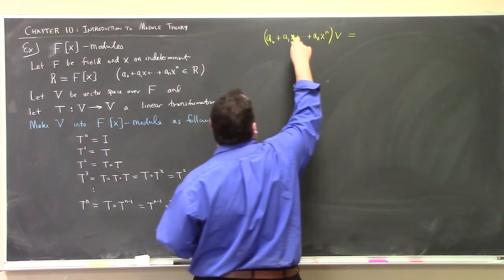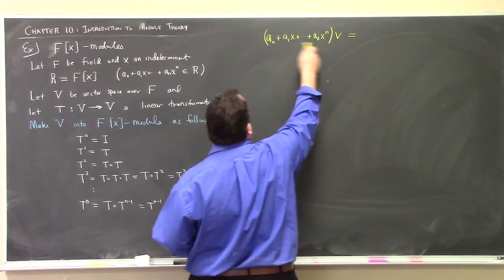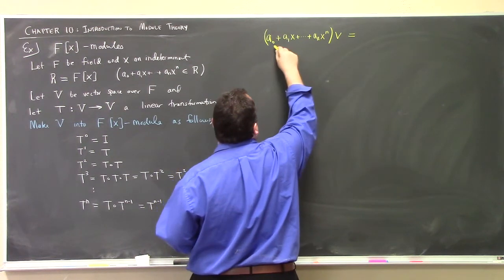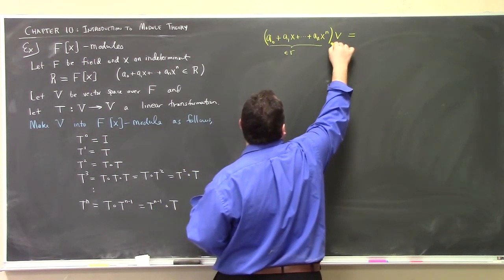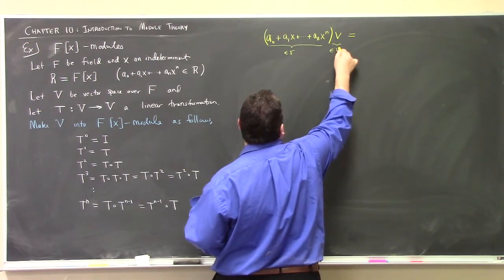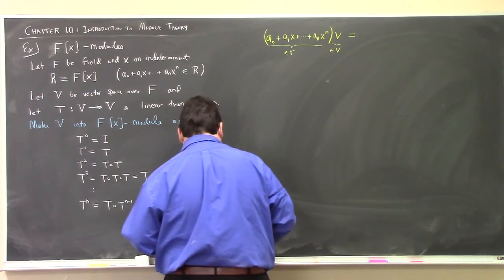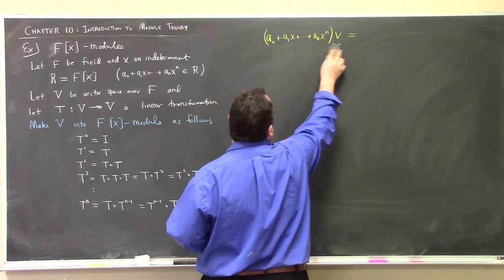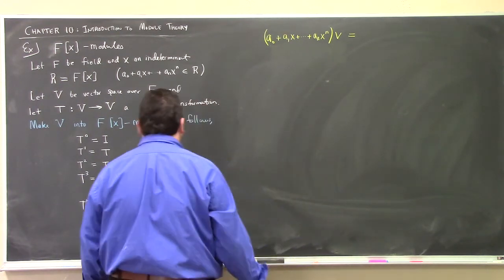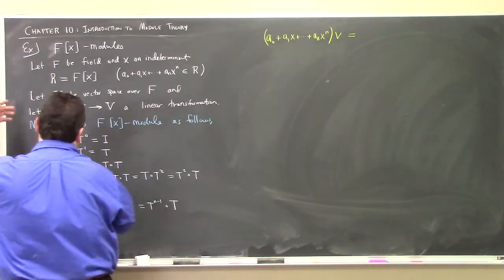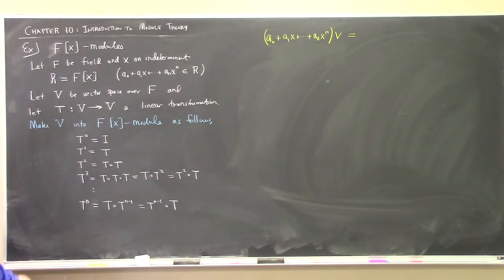So this is a typical thing from my ring, and that's my typical vector. And it's got something to do with this T thing. So what am I going to do?